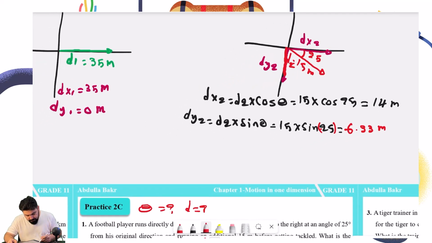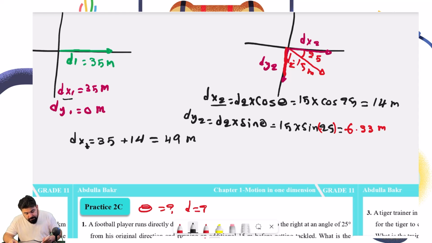Now let's calculate dx total. I'm just going to call it dxt. So dx total is dx1 plus dx2, so 35 plus 14. The result is going to be 49 meters.